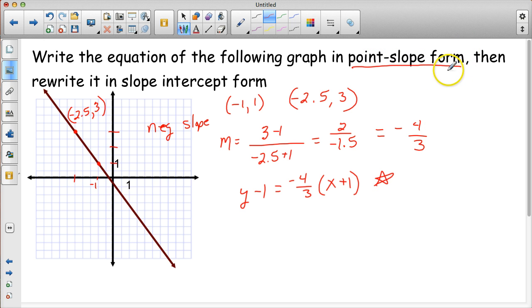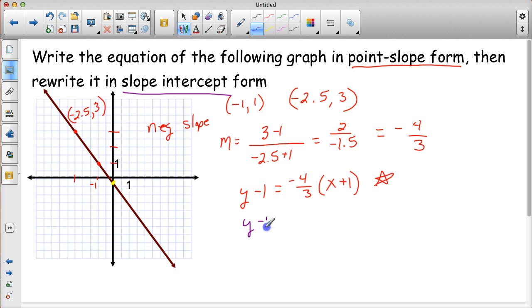But wait, I'm not done, because if I read some more, it says then rewrite it in slope-intercept form. Well, how do I do that? Because I can't really see exactly where this intercept is. I see it, but I don't know exactly what that number is. So if I take my equation in point-slope form, I can rewrite it. I can take my -4/3 and distribute it to x plus 1.